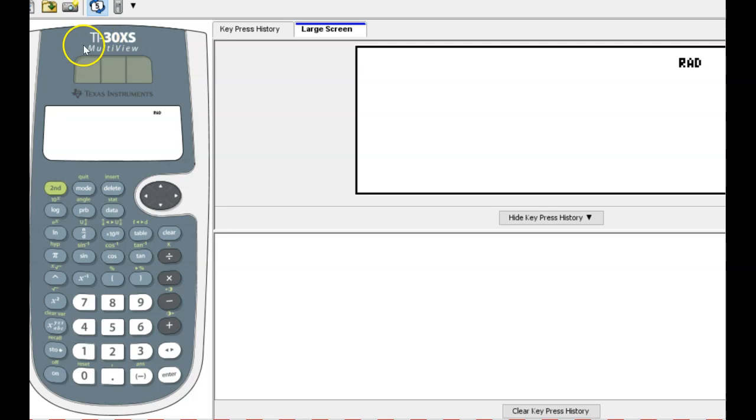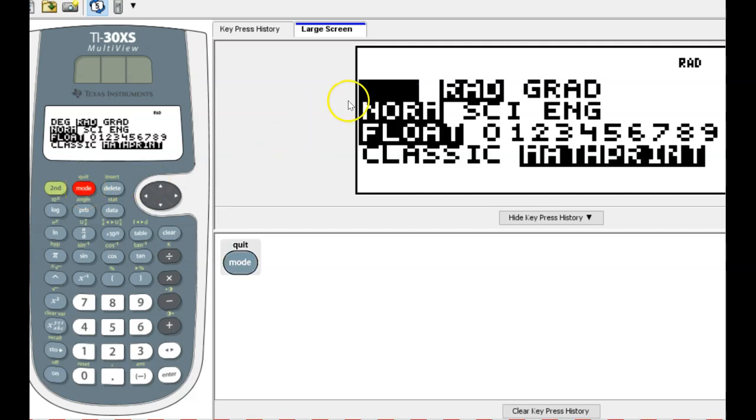If you happen to have the TI-30XS, on your screen it'll say RAD, DEG, or GRA, I believe. Right now it is on radians for our units. So we're going to go over here to mode, and the first one is degrees, so it's degrees, radians, and gradians.